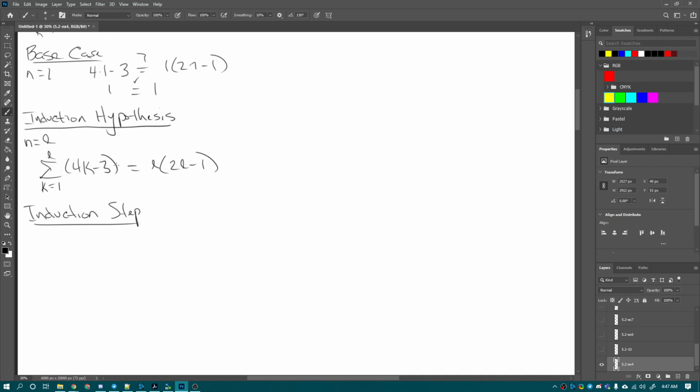So what we're trying to do now is to L plus 1. Okay? This summation here is from 1 to L. So I'm just going to rewrite this summation. And then I'm going to add one more of this 4k minus 3, but instead, let's say 4L minus 3, but I'm going to do 4 times L plus 1 minus 3.